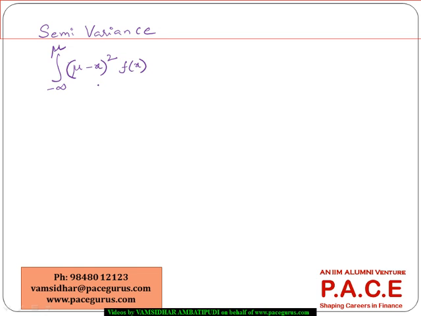Only those values which are lesser than the mean, I compute and integrate them. Even in a discrete form, yes, (mu minus x) squared times probability of X equal to x, and here I will not sum over all the x. I'll add up only over those x whose values are less than the mean.